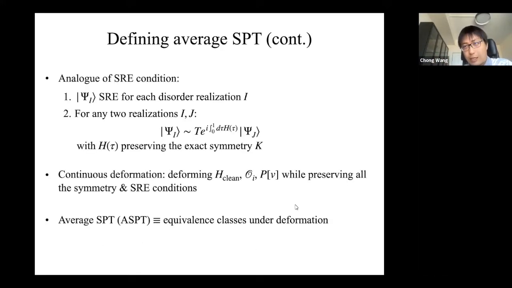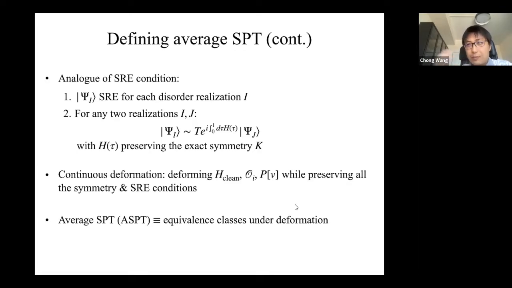And now I'm ready to define the notion more seriously. So we need some analog of the short range entanglement condition. Remember, for the clean case, we want our ground state to be, at least when the symmetry is not broken, adiabatically connected to the trivial state. So what's the analog of that for our disordered ensemble?